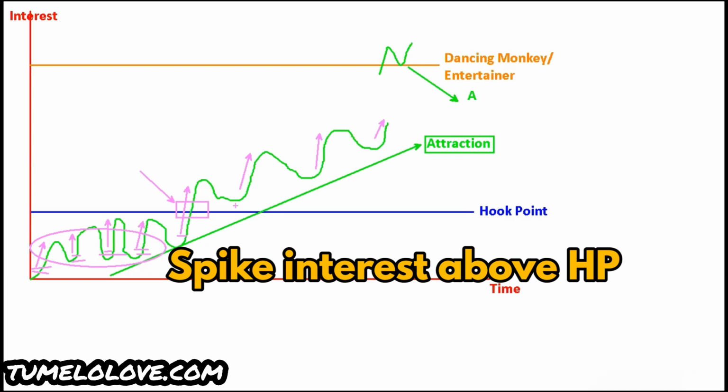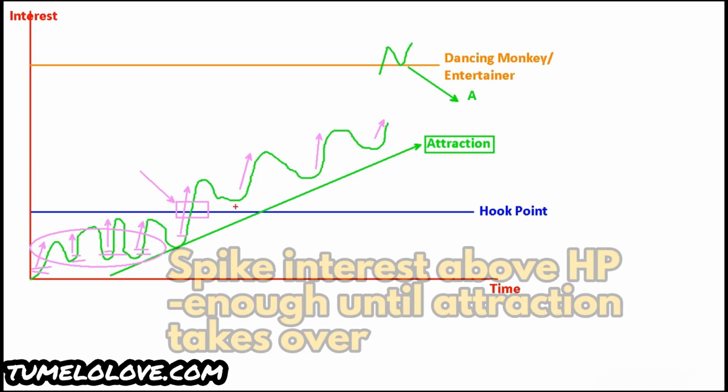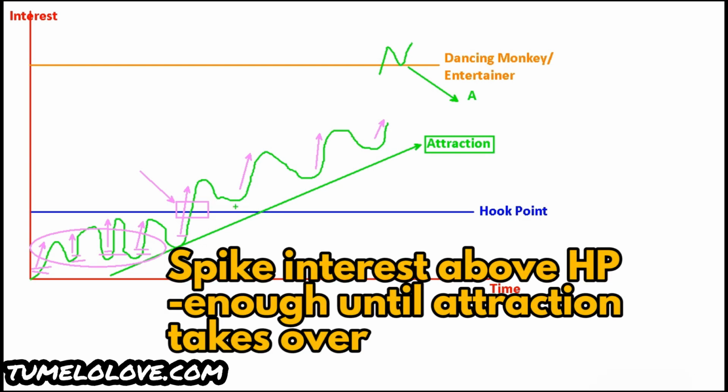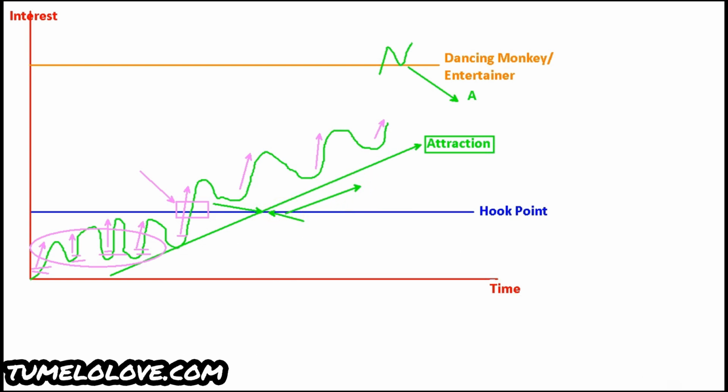Okay, your spikes of interest must be enough to stay above the hook point, and enough until raw attraction starts to develop. Okay, so you want to get to the point in the interaction where eventually raw attraction should take over, so that you don't have to keep being as interesting.